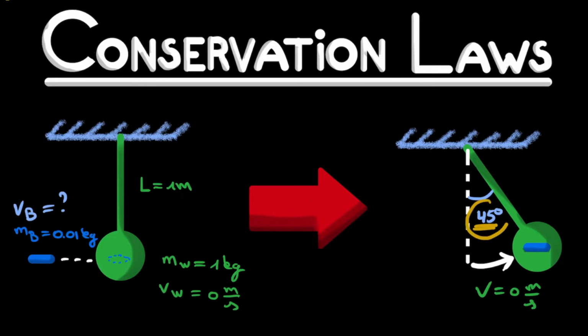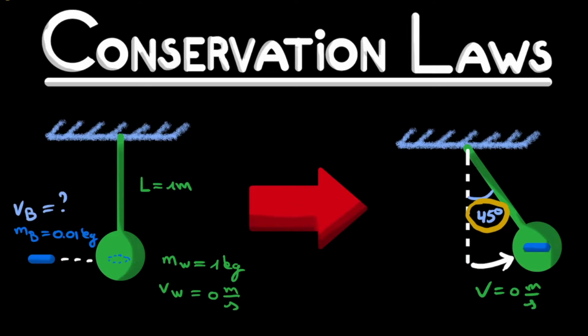So we're going to connect this 45 degrees with the bullet's initial velocity, and we'll be doing so in 2 steps. First, we realize that this 45 degrees directly relates to the velocity that our system, in this case the bullet plus the bag of sand, had right after the impact, so when their velocity was maximum.